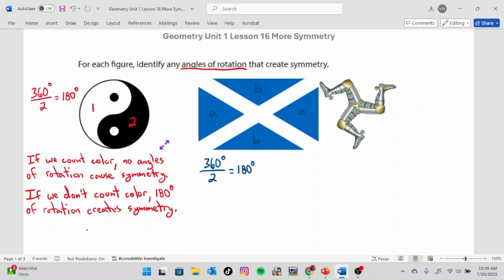The triangle labeled B on the top would rotate to the bottom, and the triangle labeled B on the bottom would rotate to the top. So 180 degrees of rotation will create symmetry.